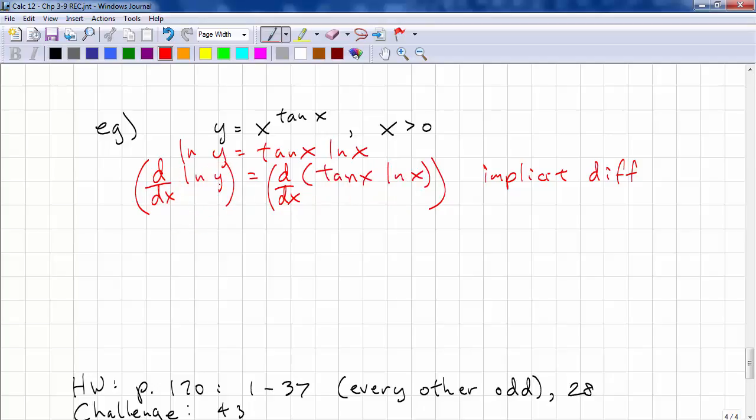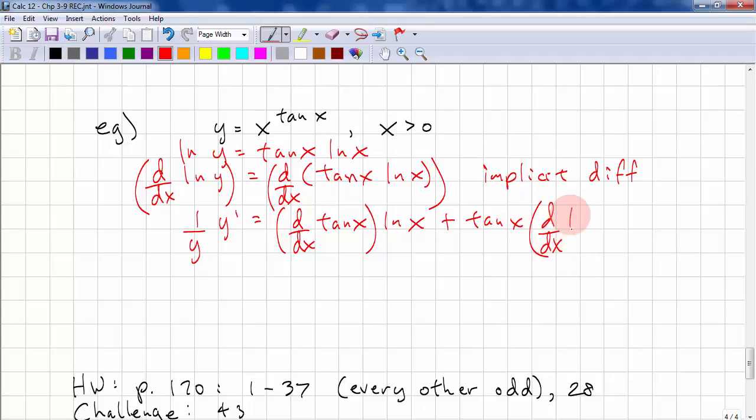This is ln y, so the derivative is 1 over y. And because we're not differentiating with respect to y, we need to use a chain rule, so we have y prime. So, product rule. ddx tan x times ln x plus tan x ddx of ln x.